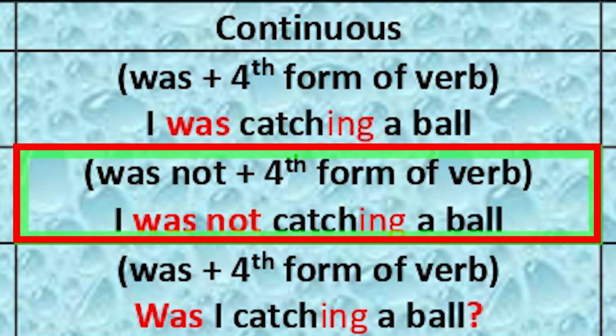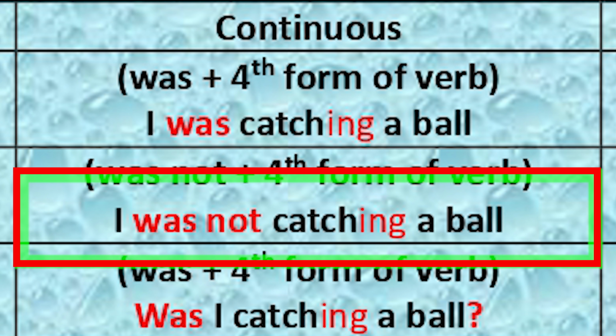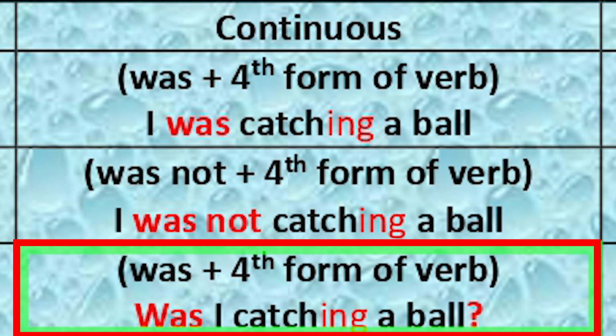And in negative sentence, we will use not in between was and the form of verb. I was not catching a ball. And if we are talking about interrogative sentence, we will use was in start of sentence and we will say, was I catching a ball?